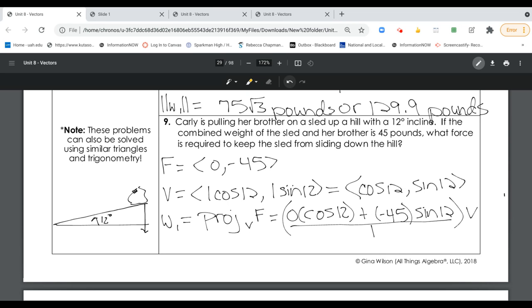And we're going to multiply by that unit vector. So when it's all said and done, I get negative 9.36 V. So the magnitude of that would be 9.36 pounds.